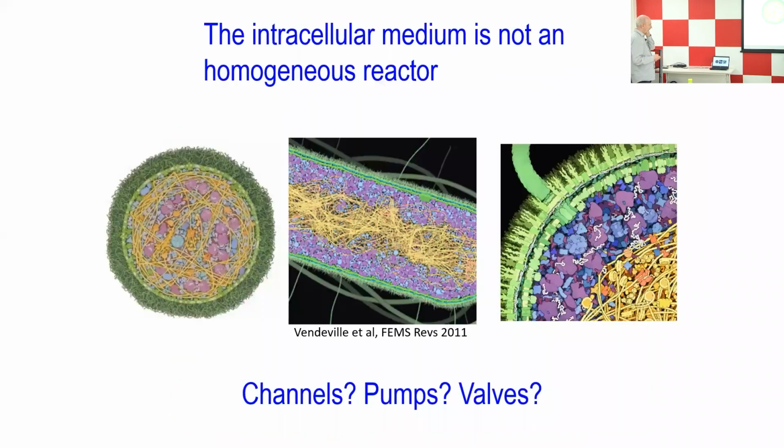When we take a closer look at the internal organization of cells, what we observe is this messy, or apparently messy, mixture of DNA, ribosomes, different proteins, and so on.